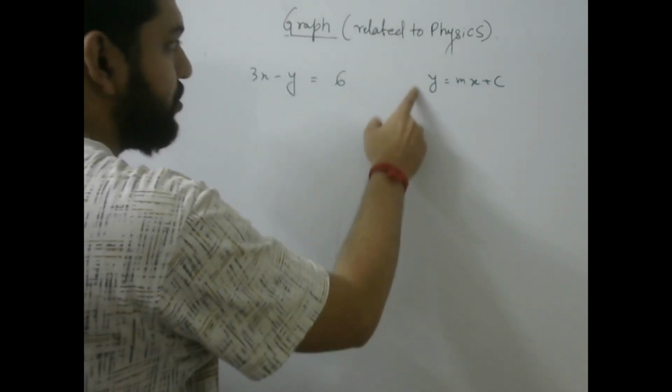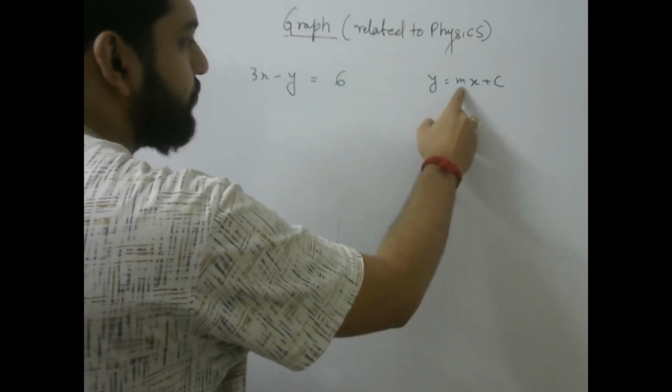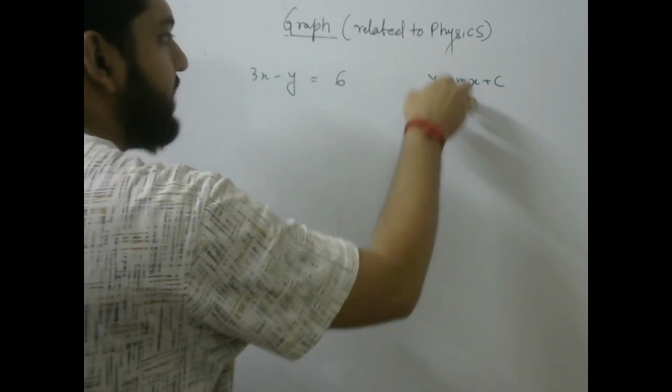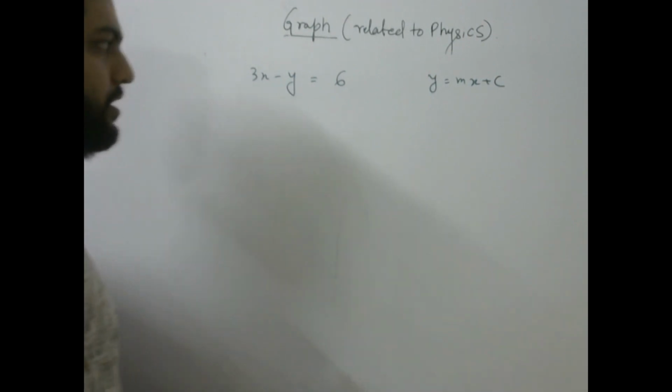The coefficient of y is 1, the coefficient of x is m, that is the slope, and the constant part will be the y-intercept.